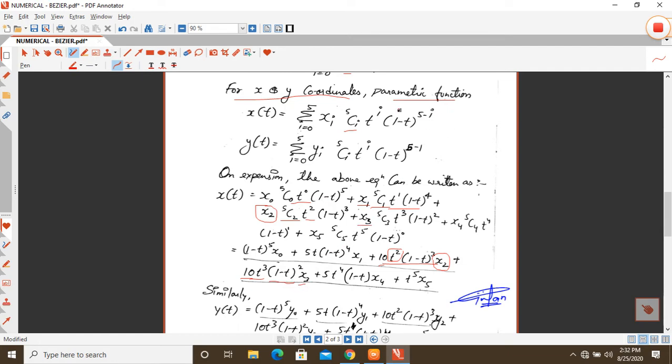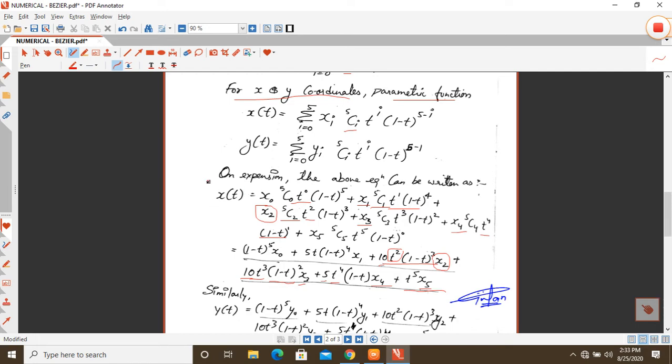Similarly x4, 5C4 is 5, t^4 into (1 minus t), plus x5, 5C5 is 1, t^5, (1 minus t)^0 is 1, so it becomes t^5 x5.